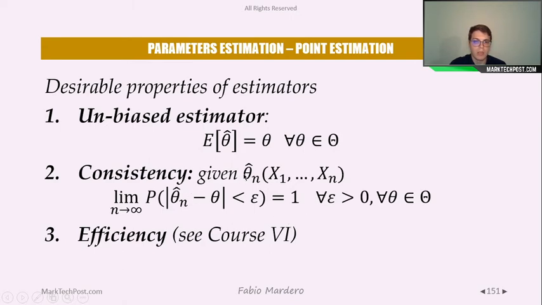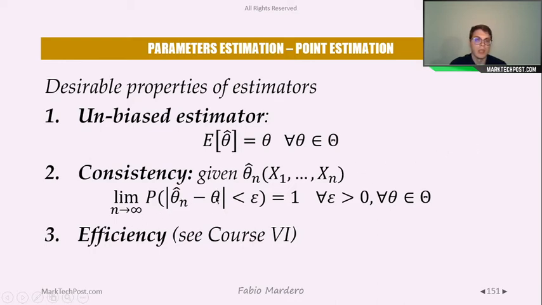So it means that given a boundary of epsilon, the value of the estimator still gets inside the boundary when n approaches infinity.